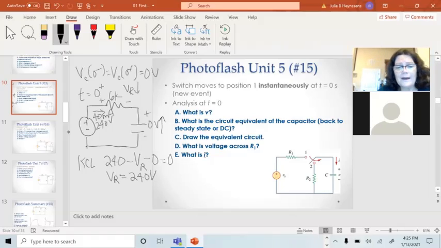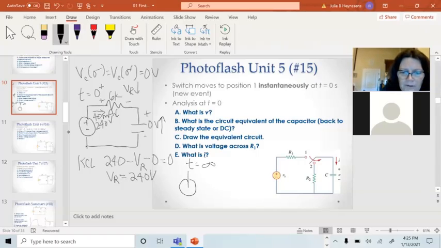So the only way I can get the voltage across the resistor down is to decrease the current value. Eventually, the current is going to move to 0.